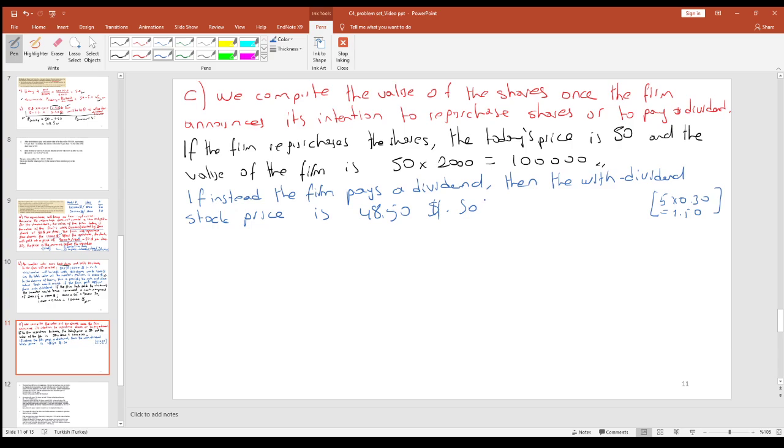So the value of the firm is only $97,000. Why?